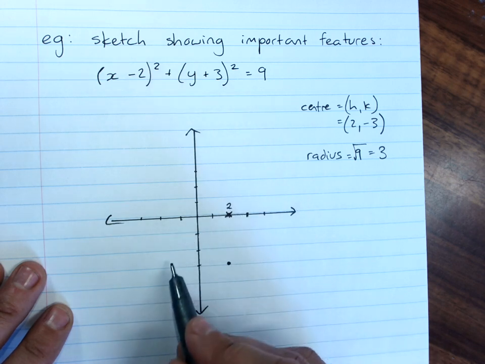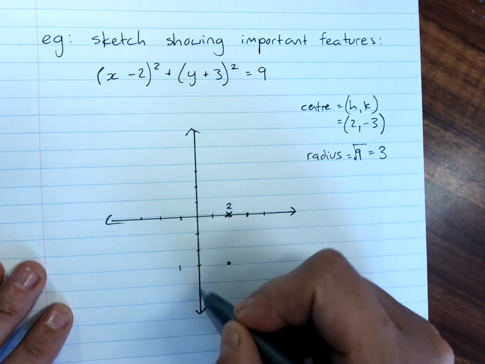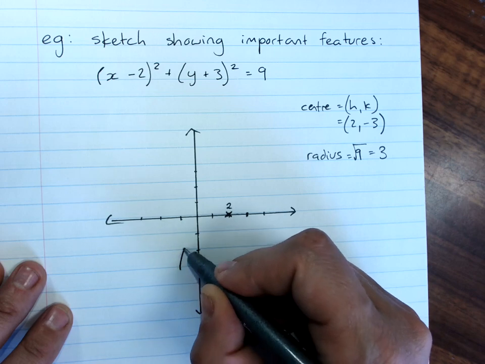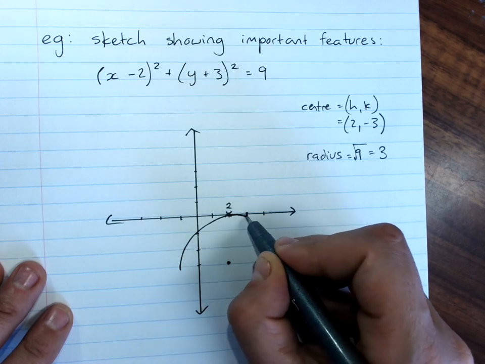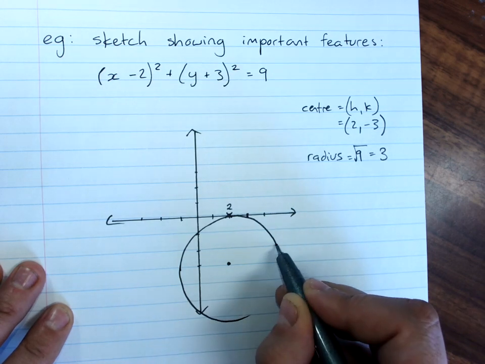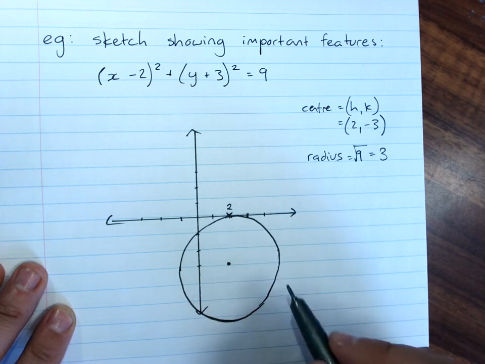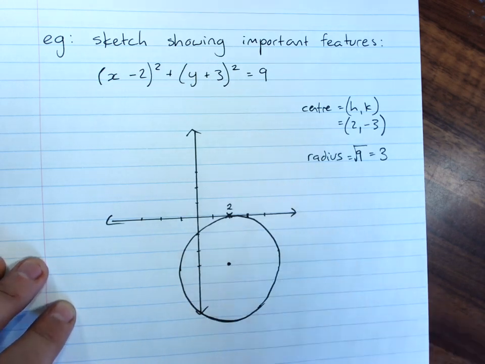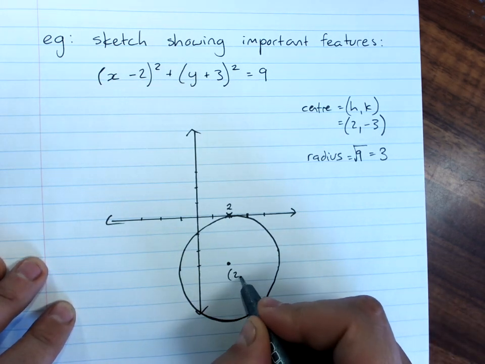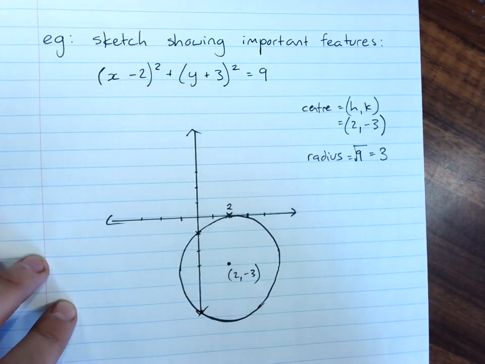It will go out, of course, over to about here, and so working to find these intercepts would be required. You can draw your circle in as accurately as you can, which is not very accurately sometimes. Mark the coordinates of your centre, and then of course you would need to find your intercepts.